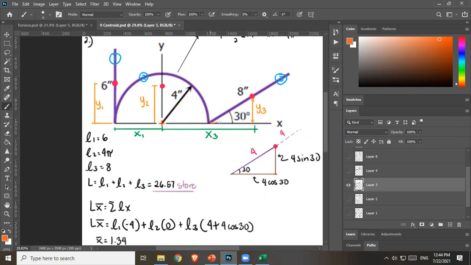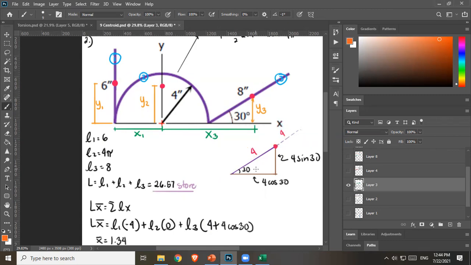And then we need to get this remaining length. To get that, take note, we have a right triangle if I do this. So I isolated that here. This hypotenuse is just 4, since this point is at the centroid, so that just divides your total length into 2 equal parts, so 4 and 4.